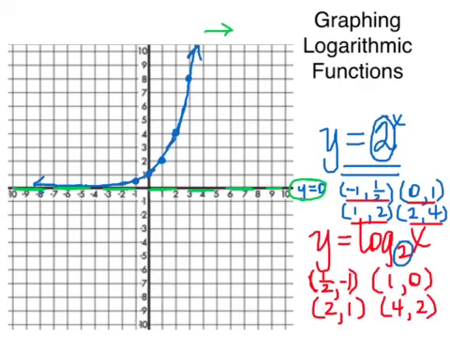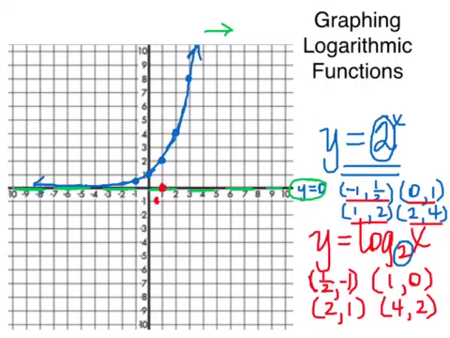So we're going to graph these points. Inverse functions will always have their x's and y's flip-flopped. So (1/2, -1) would be about right here, and then (1, 0) would be right here.